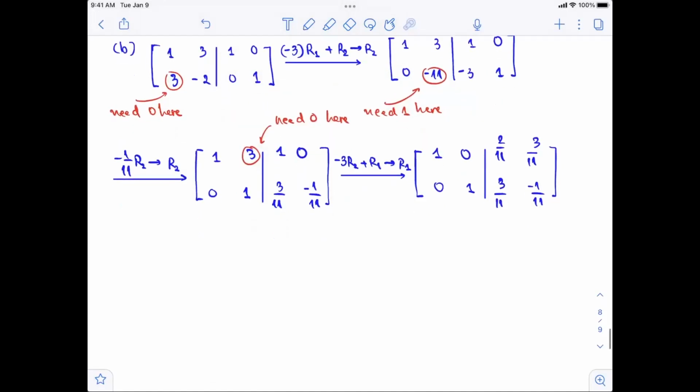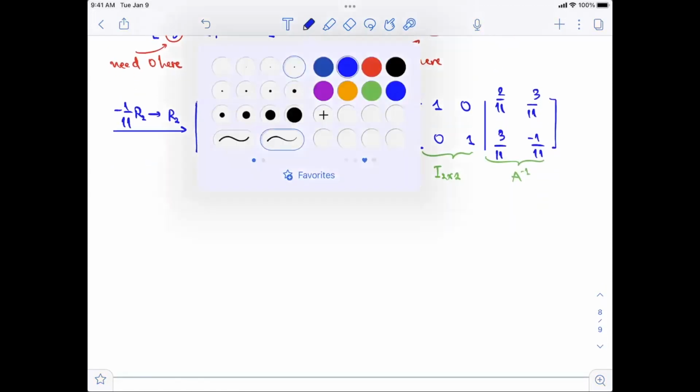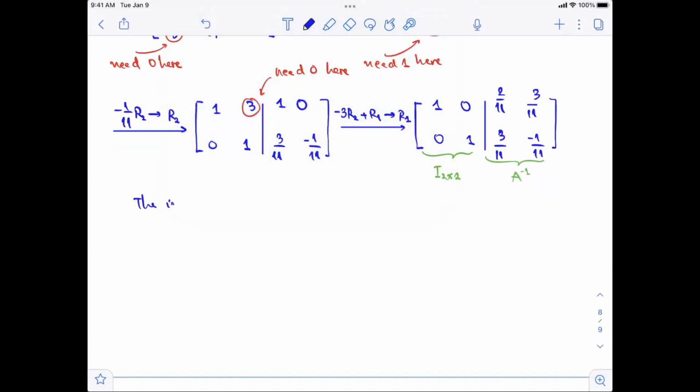Okay, so at this point, the augmented matrix becomes this, right? On the left-hand side of the vertical line, you have the 2 by 2 identity matrix, and on the right is the inverse of A. Now you can conclude that the inverse matrix is A inverse equal to 2 over 11, 3 over 11, 3 over 11, negative 1 over 11.